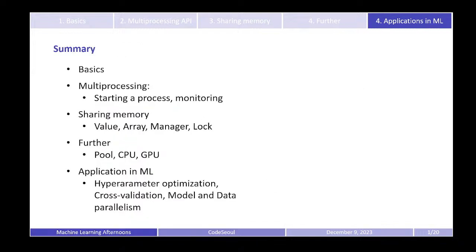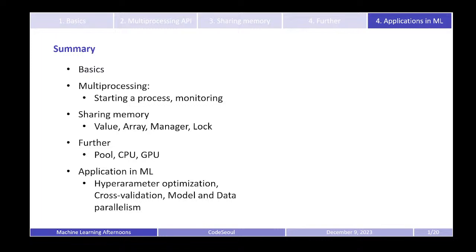So to summarize today's session, we went over some basics of multiprocessing: what concurrency is, what parallelism is, what a thread is, what a process is, and what the difference is. We stepped into the multiprocessing API in Python, how to start a process and how to monitor it.